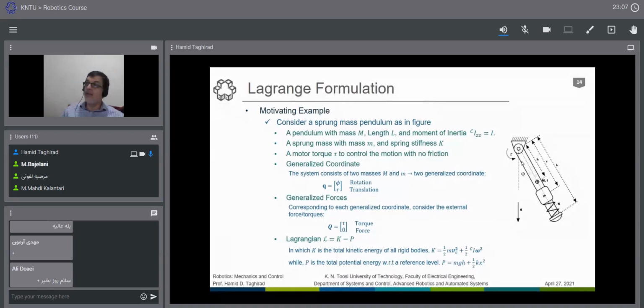So we have a phi rotation of this pendulum, and also an r, we call it r, a distance that is the movement of this mass. Of course, this mass is also sprung. It is not a usual mass, it is a sprung mass which has a spring here to have the oscillation also coming into account.